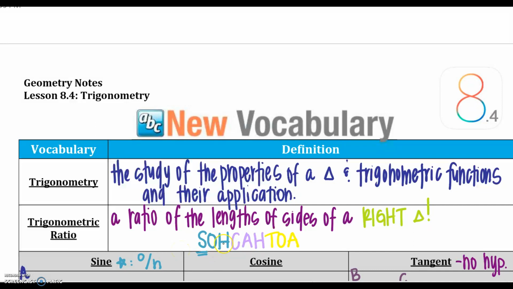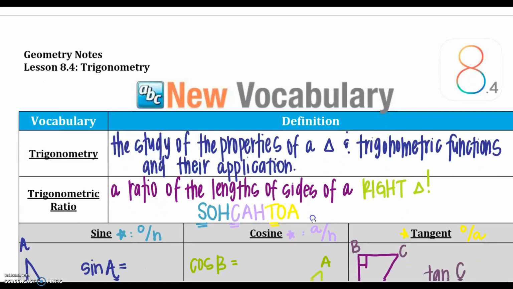Notice the two letters. The next is CAH. That stands for cosine, so that would be your adjacent over your hypotenuse. And then TOA stands for tangent, and you are going to use your opposite over your adjacent. Notice you don't use your hypotenuse in that.